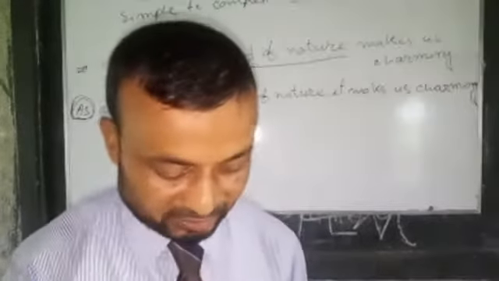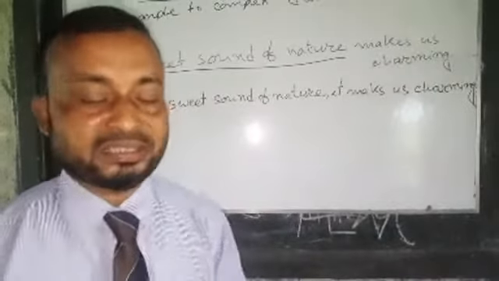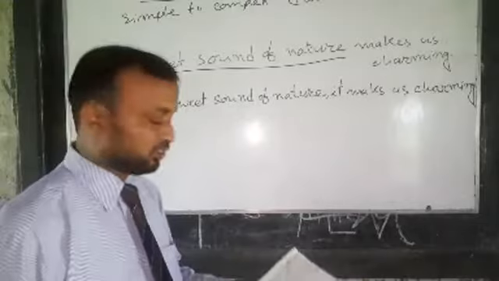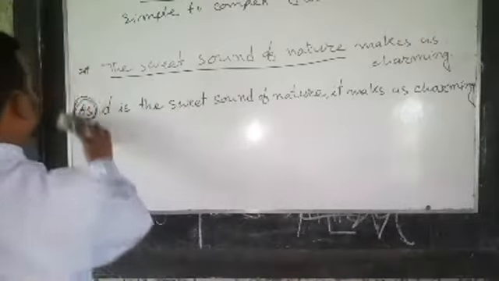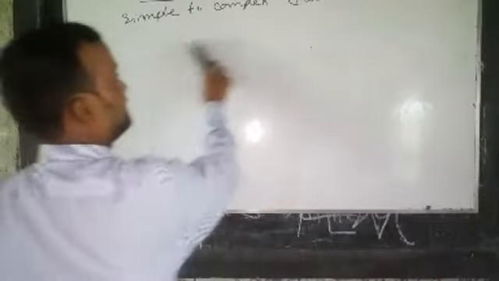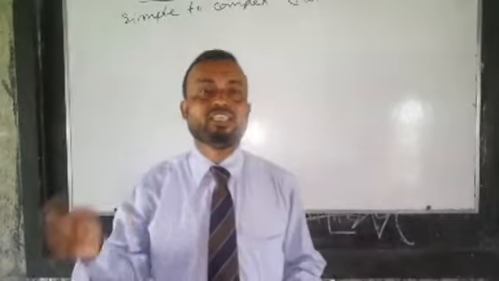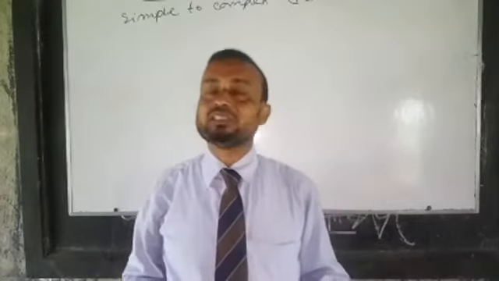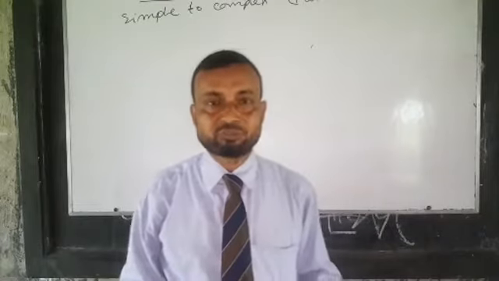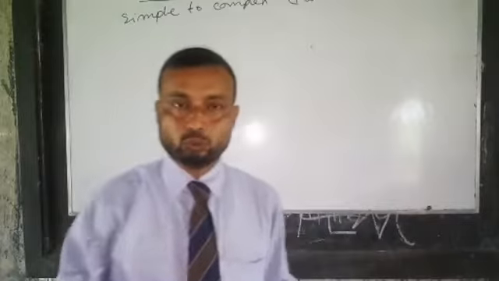So, my dear students, we notice that a simple sentence is sometimes started by some words, and we saw that simple sentences started by in spite of, despite, because of, and so on.